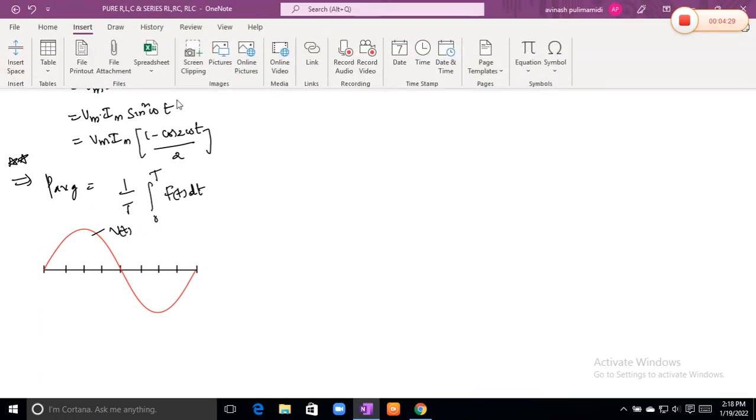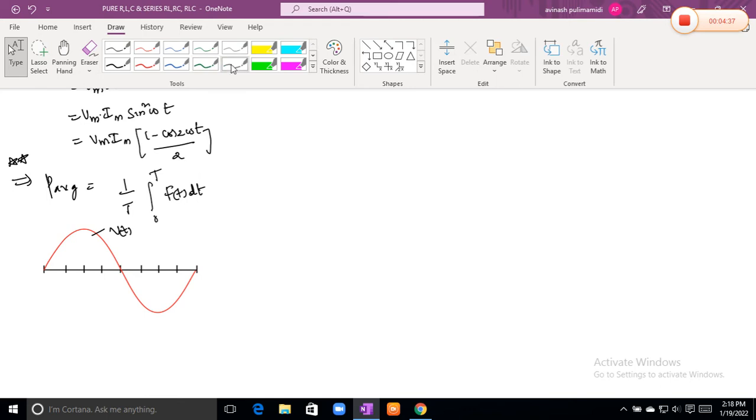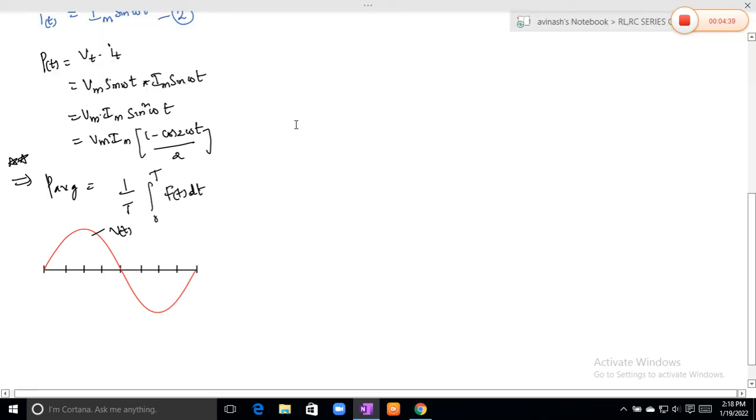Let me also change the color for the current waveform.